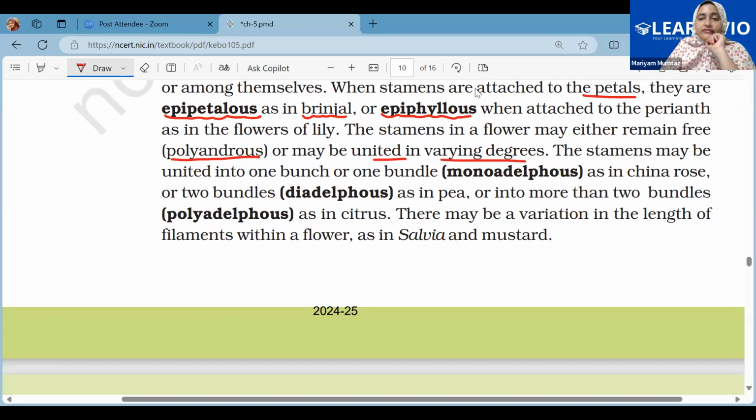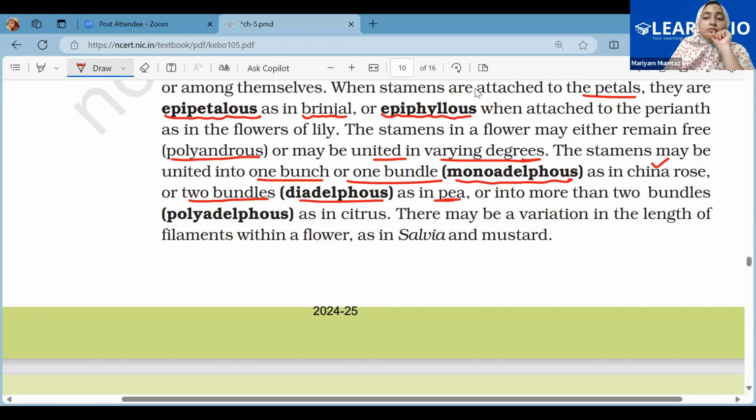For example, if the stamens are united into one bunch or one bundle, we call it monoadelphous. Mono means one. This is found in China rose. When they are present in two bundles, we say diadelphous. Di means two. This is found in pea.